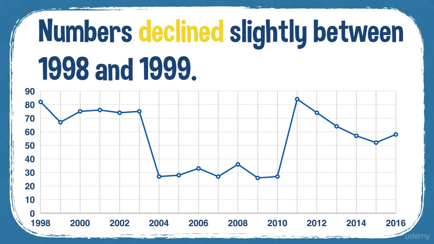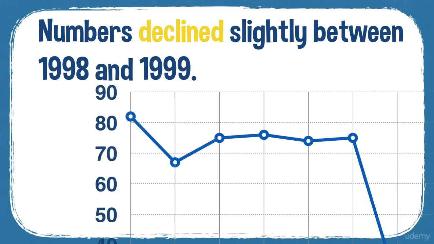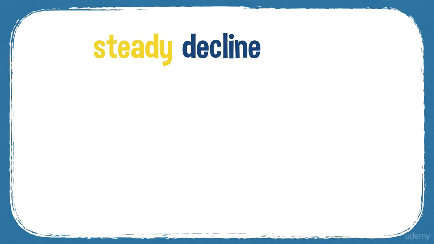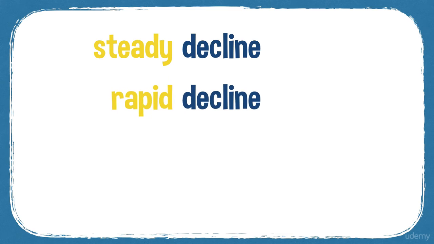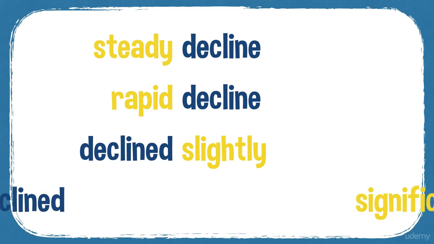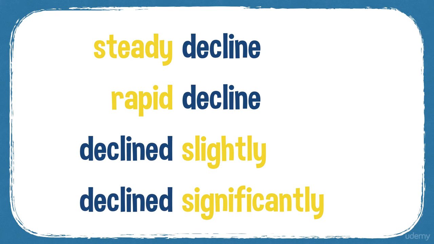Numbers declined slightly between 1998 and 1999. Steady decline is a very common collocation. Rapid decline. If you're using decline as a verb, declined slightly, declined significantly.